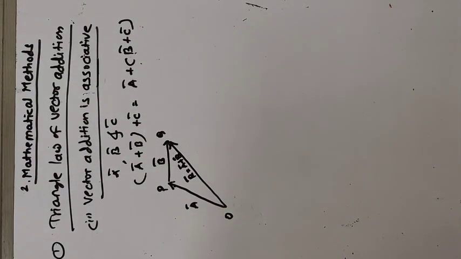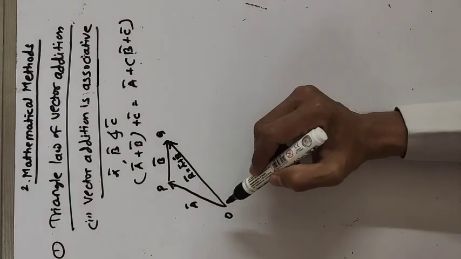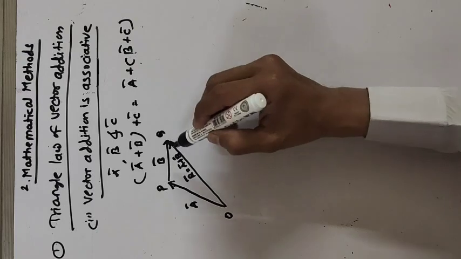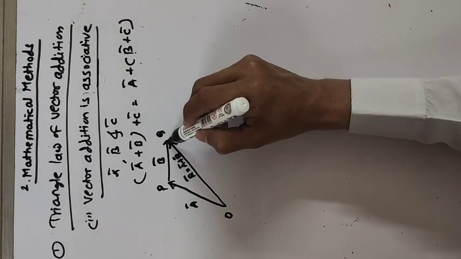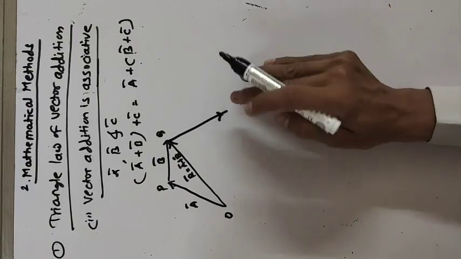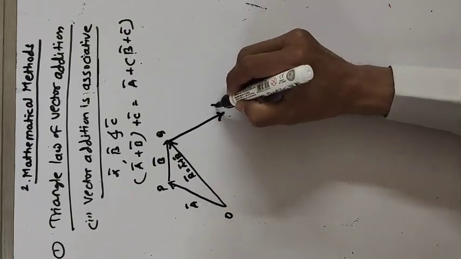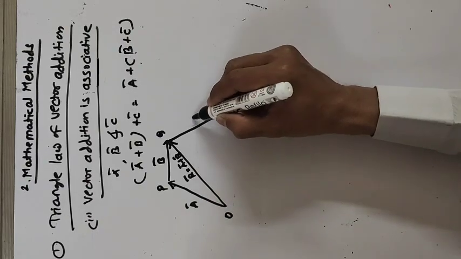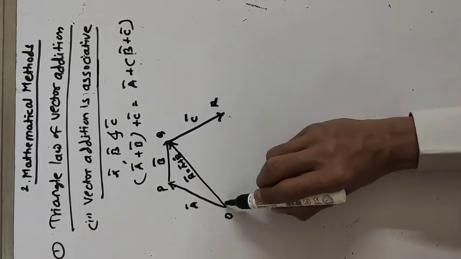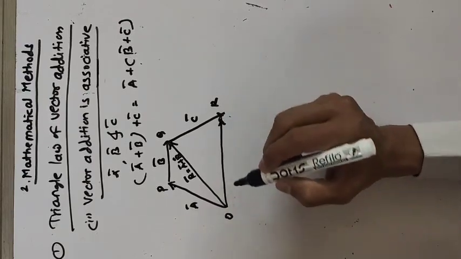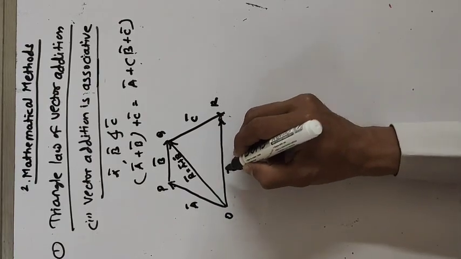Now this a plus b can be added to the next vector c bar. Then we get the resultant of all three.